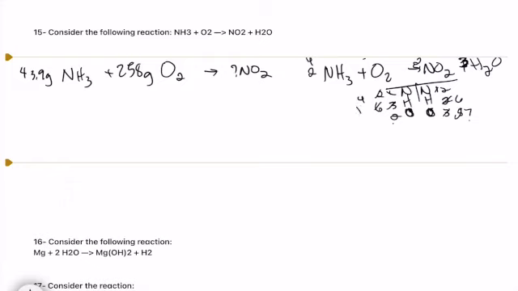And so when I double all the coefficients, I get to 4 NH3. On the product side, I get to 4 NO2, and I get to 6 H2O. And that helps me now know that I need to put a 7 in front of oxygen on the reactant side.